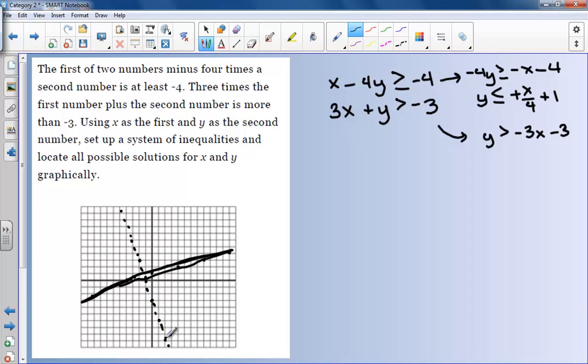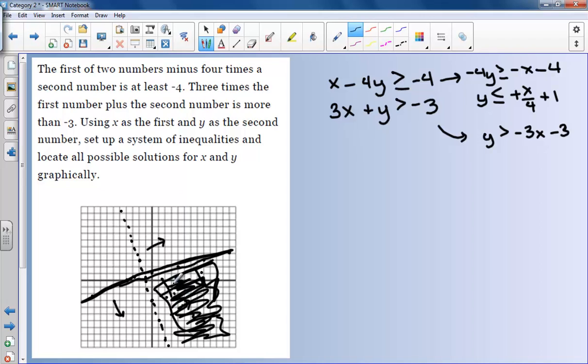Okay, so now I have to find my region. For this line here, it was less than, so that means that I was shading in everything below this line. For this one, it was greater than, so I was shading everything above the line. So the area where it's true for both is going to be this area all in here, between the lines.